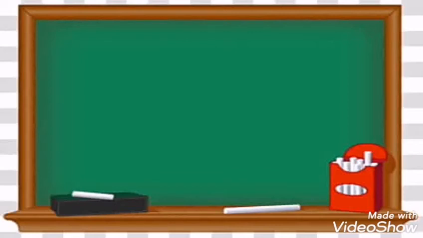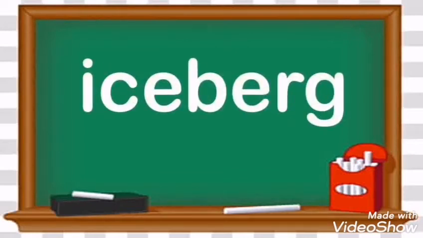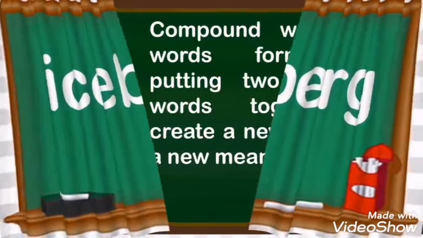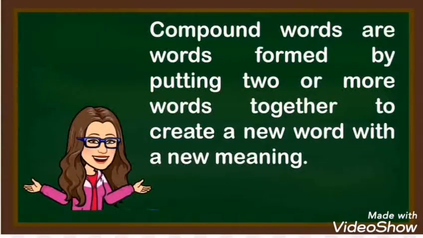The word iceberg is an example of a compound word. Compound words are words formed by putting 2 or more words together to create a new word with a new meaning.